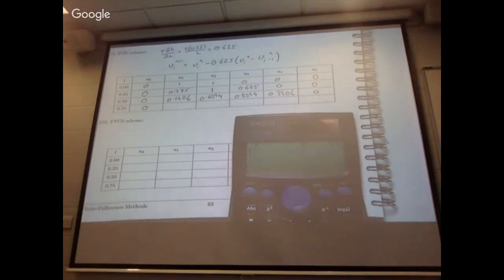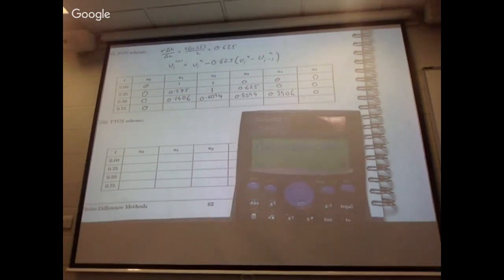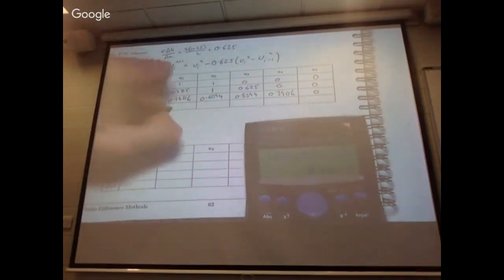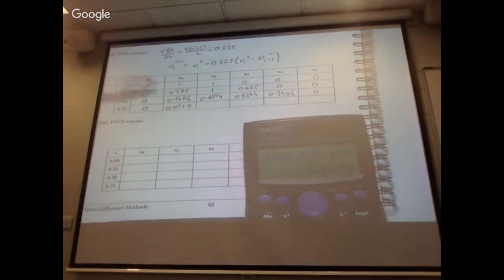So we have 0.1406 minus 0.625 times 0.1406, so 0.0527. So the value of this node started at 1. As you can see, it slowly decreased as what's propagated has disappeared downstream.